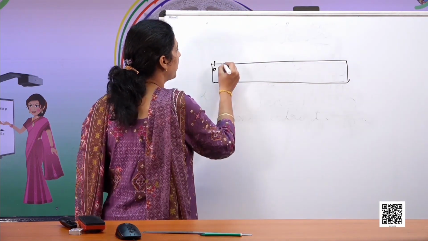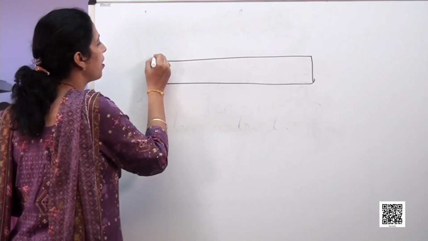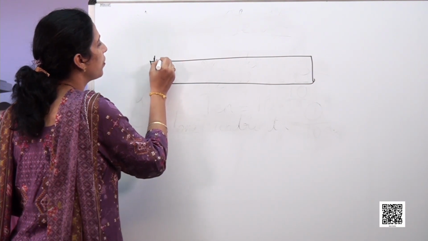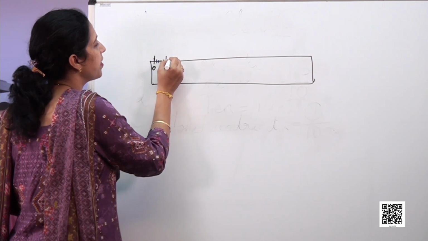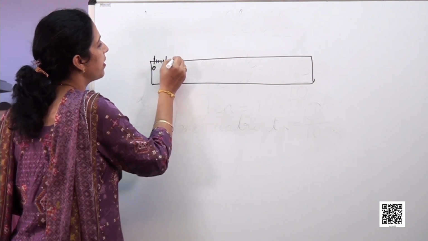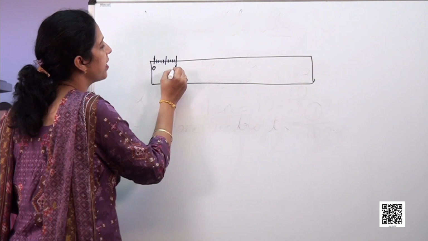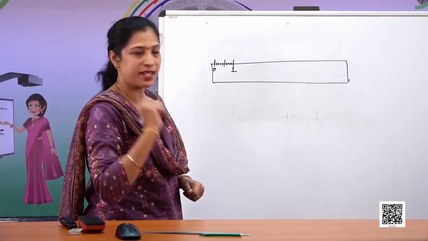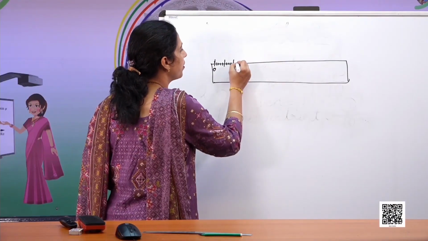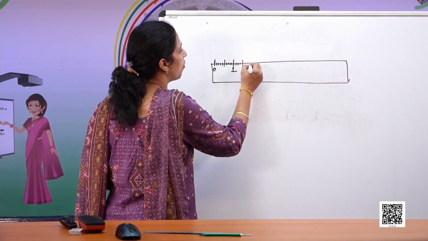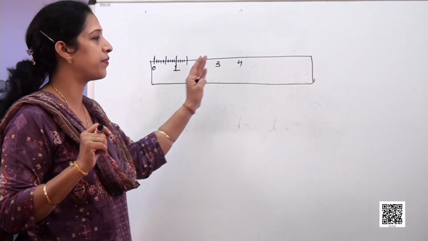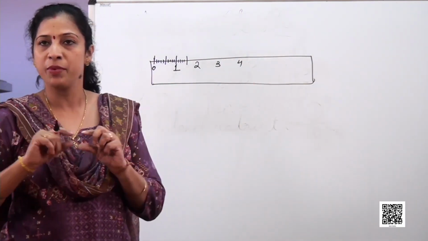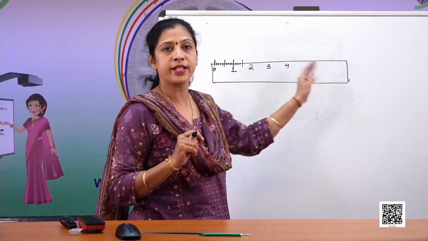So 0, after that you can see small markings, 1, 2, 3, 4, then another big marking, then 5, 6, 7, 8, 9, then another big marking, then 1 is written. And again after that 1, 2, 3, 4 small markings, then so on, 2 written, 3 written, 4 written. If it is a smaller scale, this is 15 centimeter. If it is a bigger scale, it is 30 centimeter.